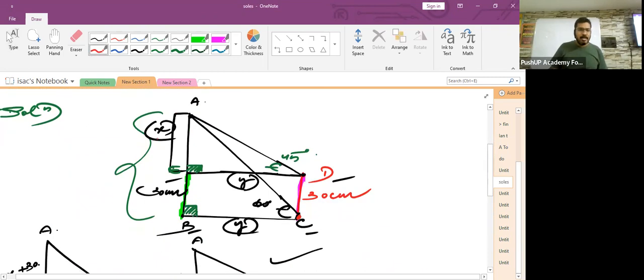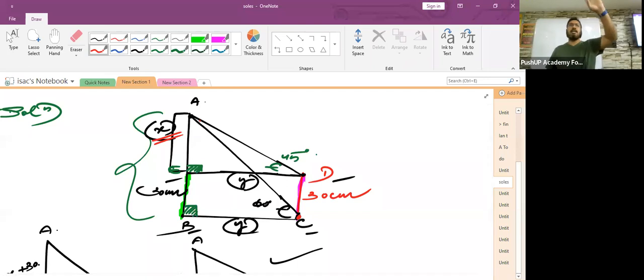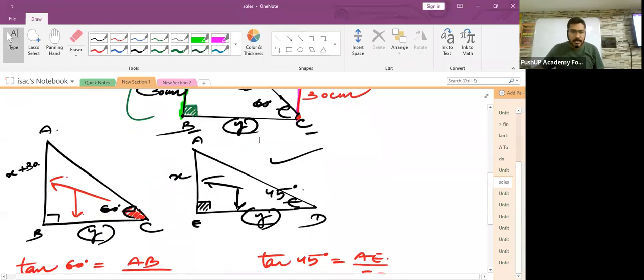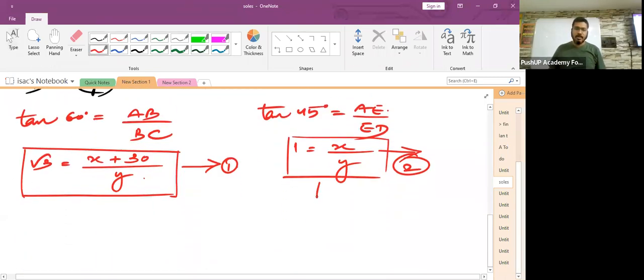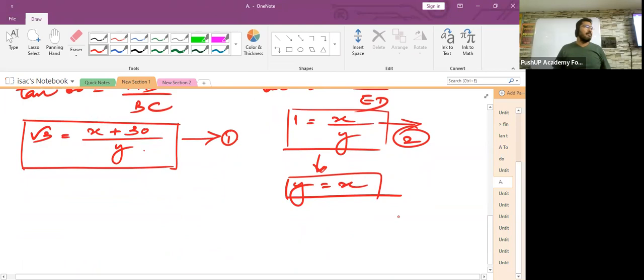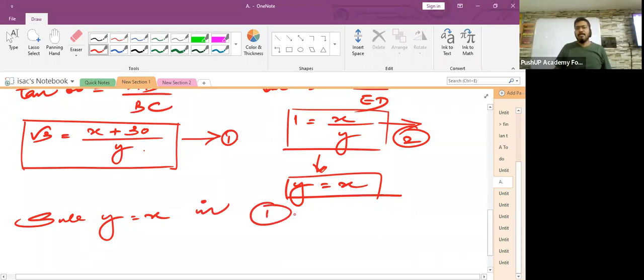So in order to get the height of the tower, I just needed to get the value of X. So I will express Y in terms of X. From equation number 2, if I cross multiply, I will get Y is equal to X. So children, let's take the value of Y as X and substitute it into the first equation.